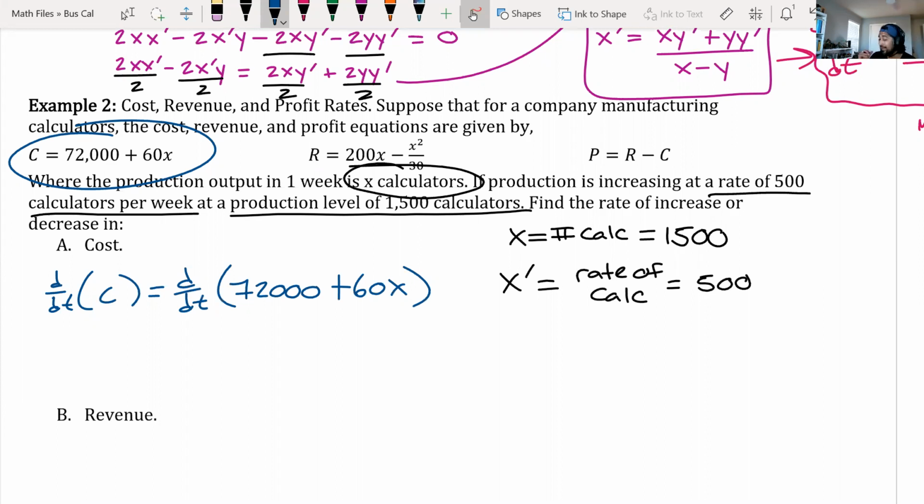Okay. And the derivative of C with respect to time is going to be C prime. The derivative of 72,000 is 0. And the implicit derivative of 60x is going to be 60x prime, because it's the implicit derivative with respect to time. Everybody good with that?